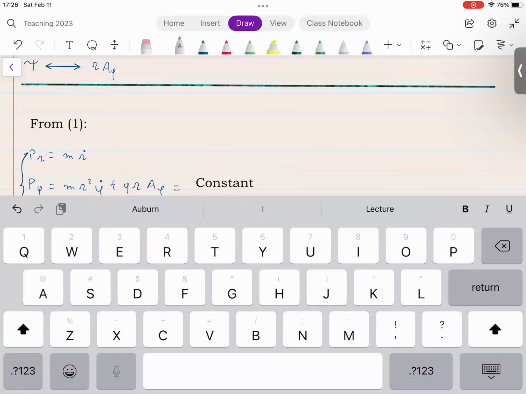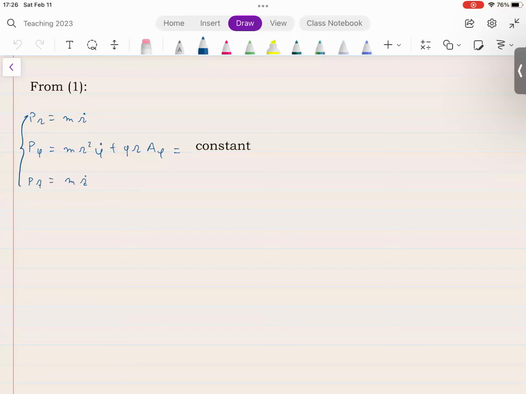We know that P phi is a constant, and we're going to use this in a little bit. We're also going to assume that the magnetic field is time independent. Then, because of the way we have set up our coordinates, they don't depend on velocities, there is nothing else that could break that conservation.